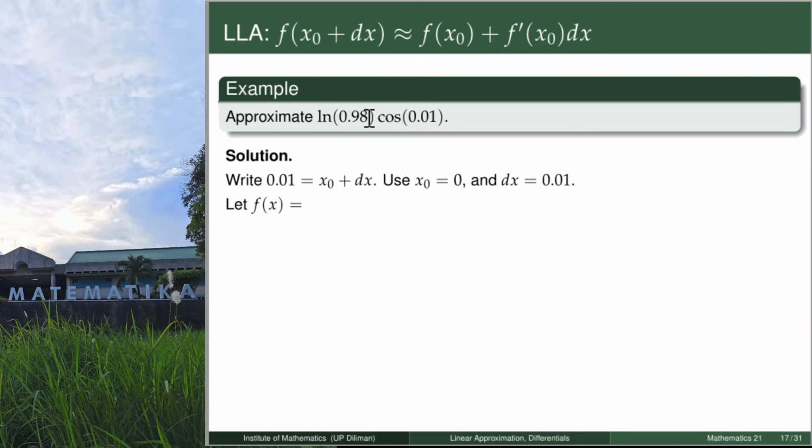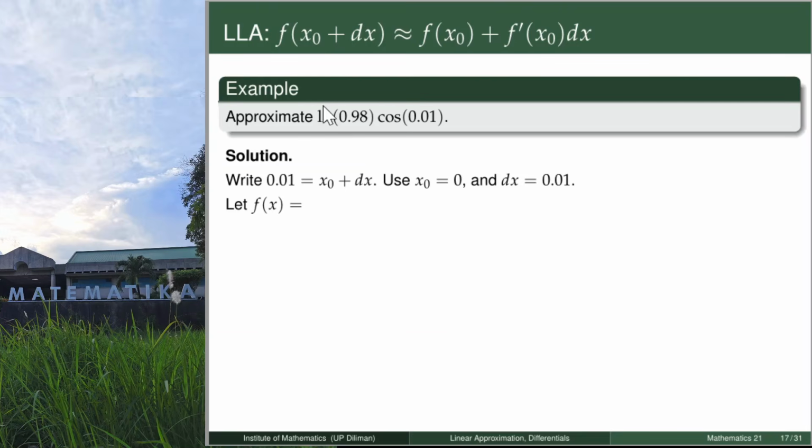Remember, 0.98 is close to 1, but what is it? It's 1 minus 0.02, right? So try to relate that with your x naught plus dx, which is 0.01. How do you relate 0.02 with 0.01? 0.02 is just 2 times 0.01.